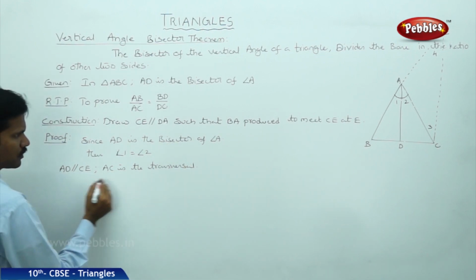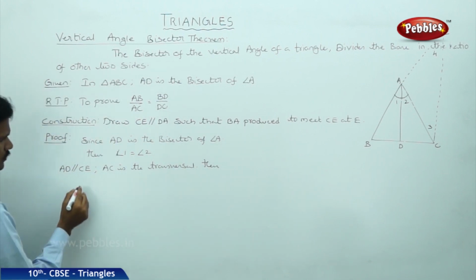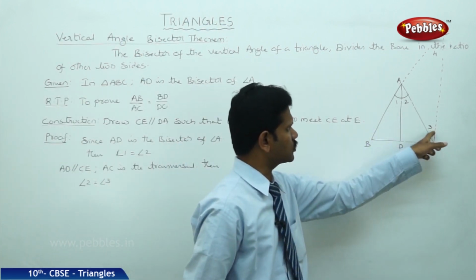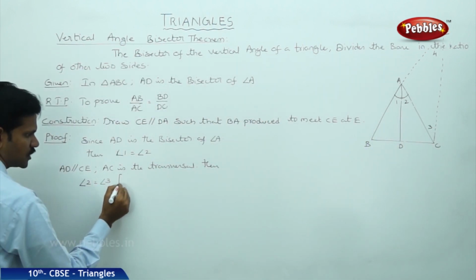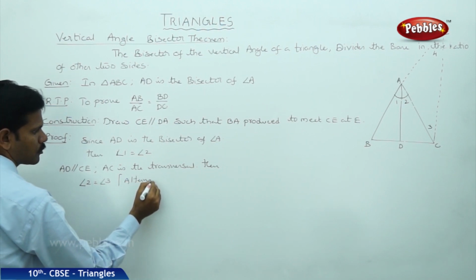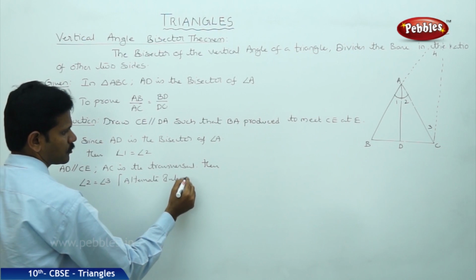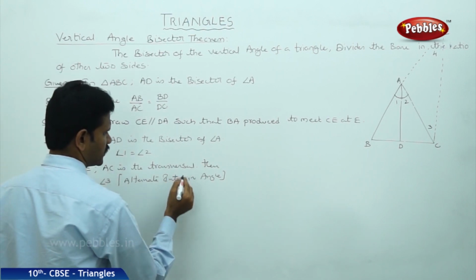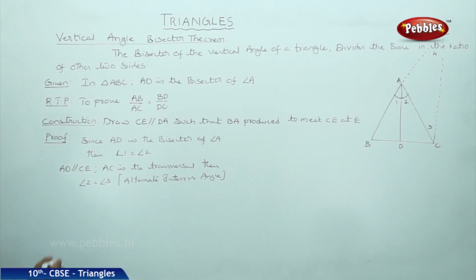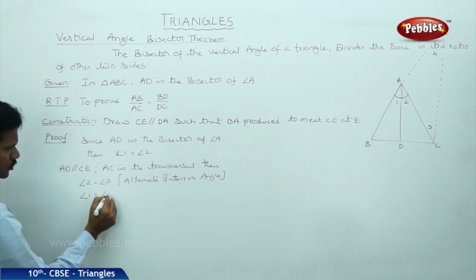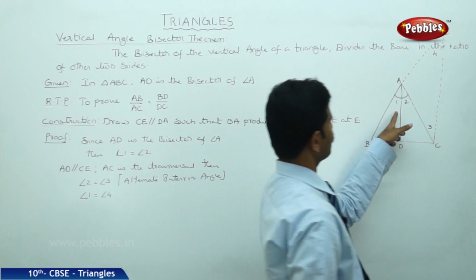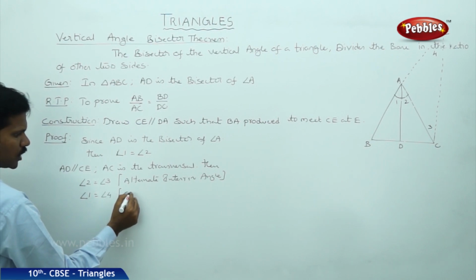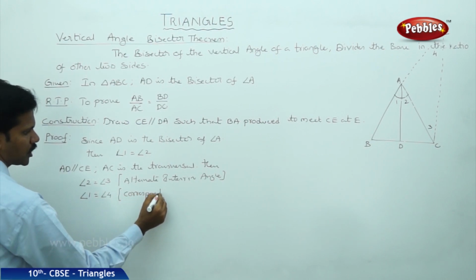Then angle 2 is equal to angle 3. Reason: alternate interior angles. Similarly, angle 1 is equal to angle 4, since these two are corresponding angles.